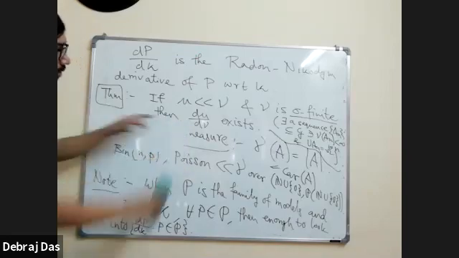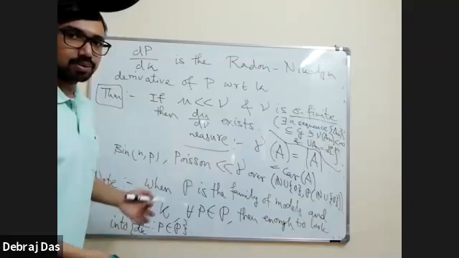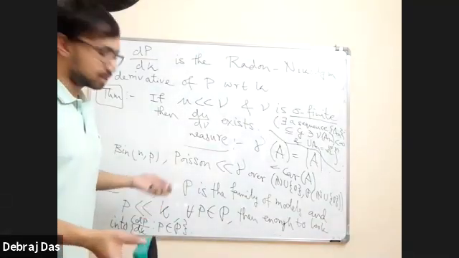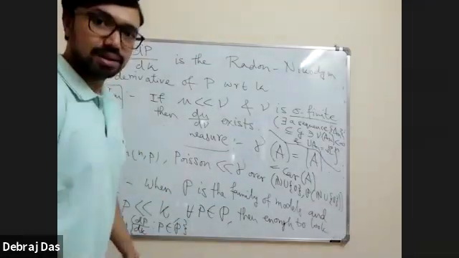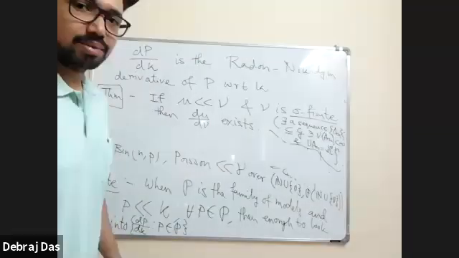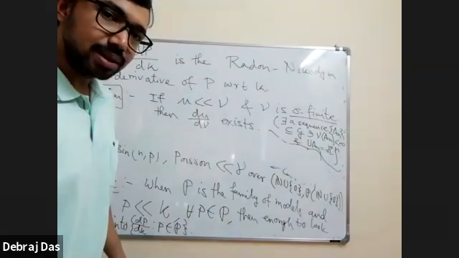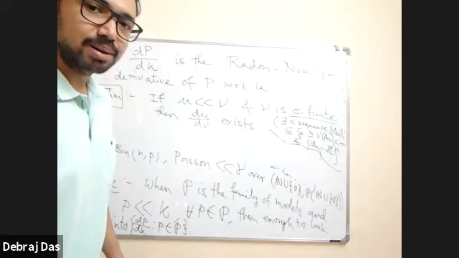Because I'll need the existence of this derivative in the next theorem. What is the next theorem? Sufficiency. You all know the theorem. The NP lemma is in testing, right?